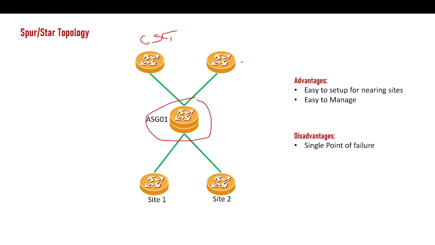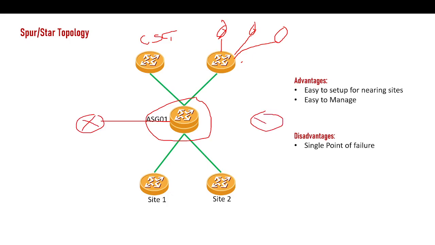It could be another CSG, connecting to multiple CSGs. Or it could be an aggregation node, the ASG, connecting to multiple CSGs. This one we also call the star topology.